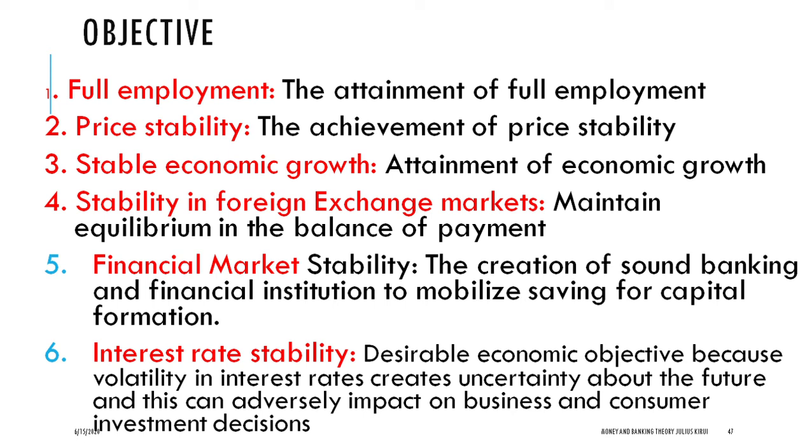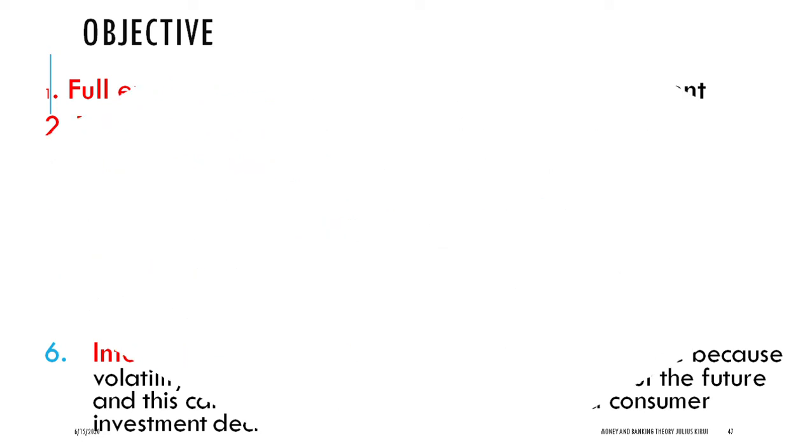If the interest rate is not stable, fluctuating, it will not be attractive. The investors will not be willing. Higher interest rate creates a problem. Lower interest rate creates a problem. But a stable interest rate brings forth good management and development in an economy. So these are the objectives which are critical in monetary policy.